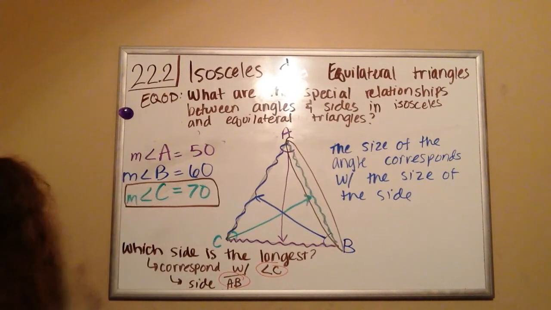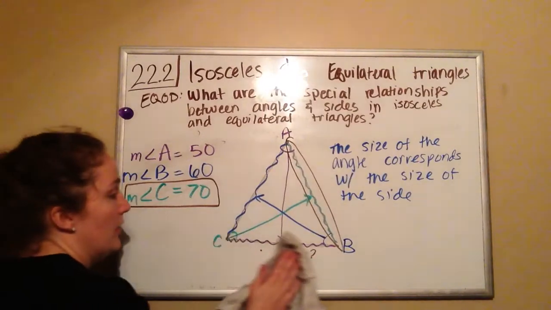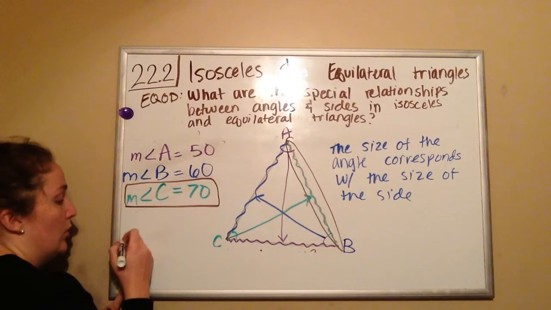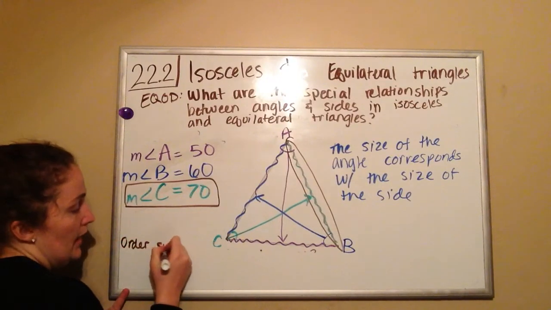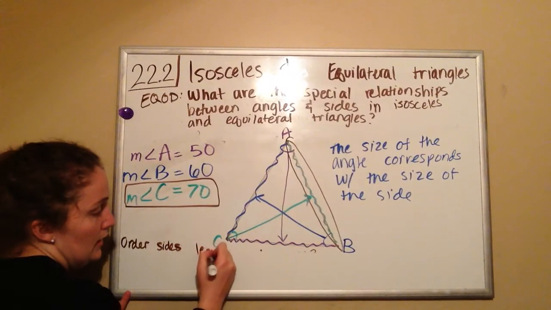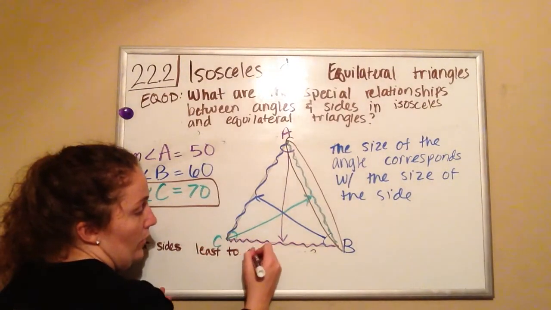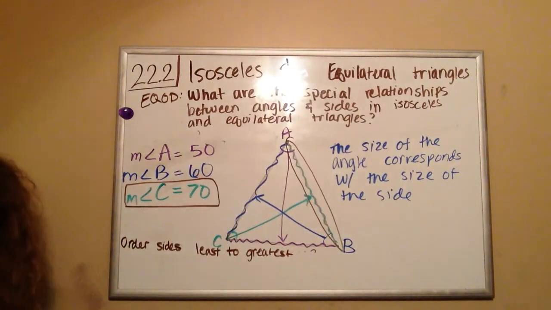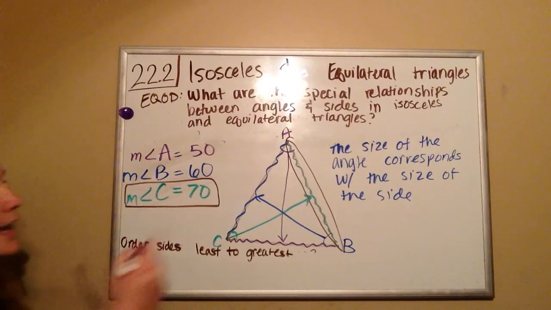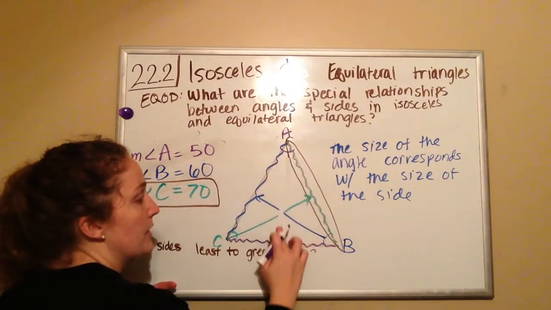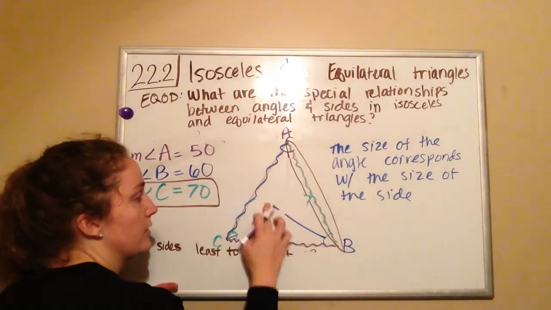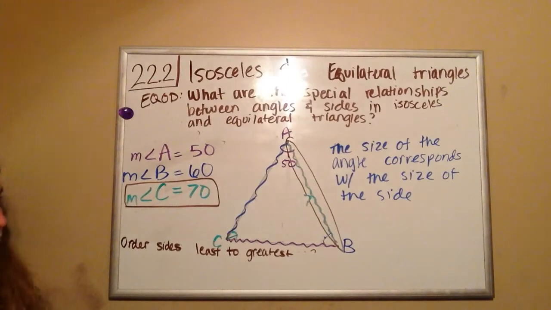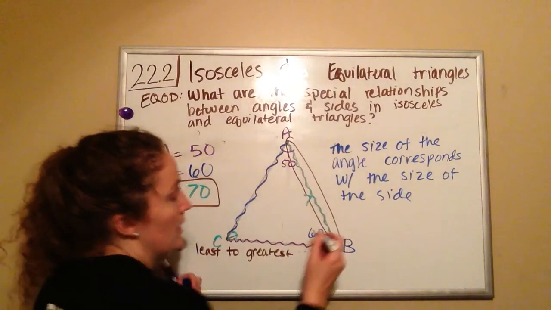So using this again, this same measure of angle A, B, and C, let's order sides least to greatest. So to help me, I'm going to go ahead and label in my triangle. Let me erase these little lines, still have my colors though. So A is 50, B is 60, and C is 70.